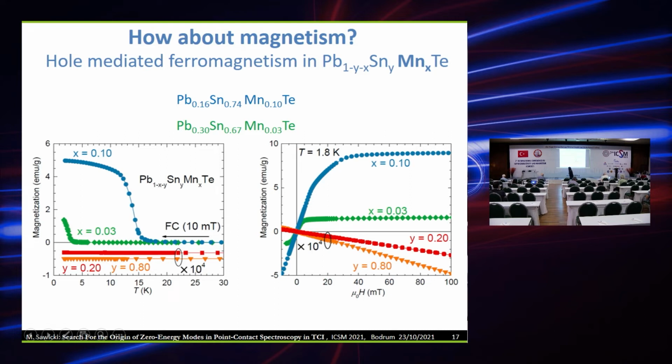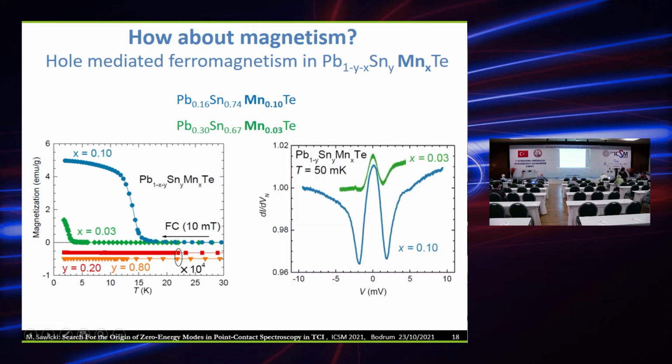The same is also seen when we measure magnetization versus magnetic field. We see a clear ferromagnetic case. For the samples without manganese inside, the signal is diamagnetic and much weaker. Please note that the scale here is changed 10,000 times, so this is basically 0 on the same scale as for the samples co-doped with manganese.